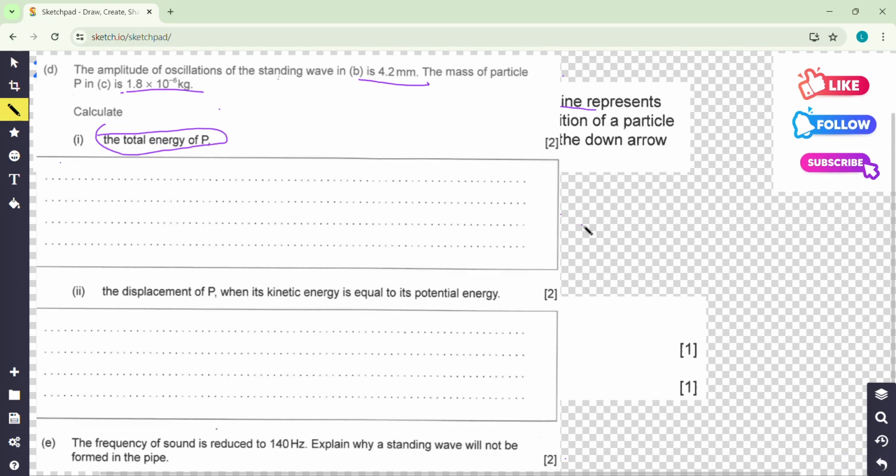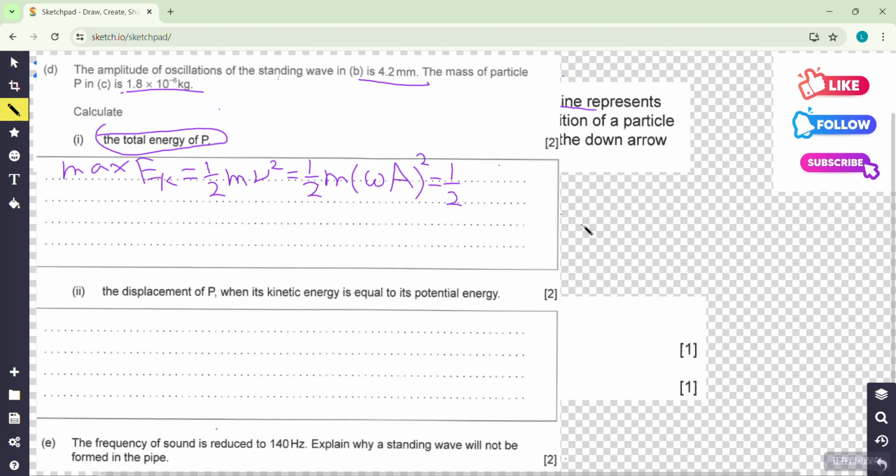So total energy is the maximum kinetic energy. And maximum kinetic energy, of course, is half m v squared, with maximum speed. In simple harmonic motion, remember, maximum speed v max is omega A, right? And what is omega? 2 pi f.